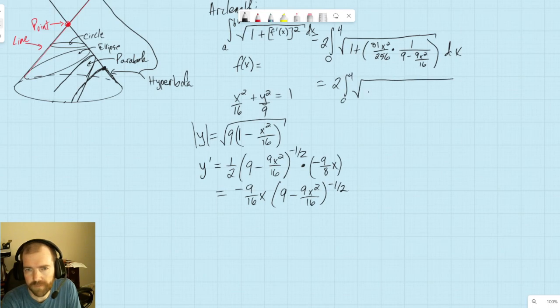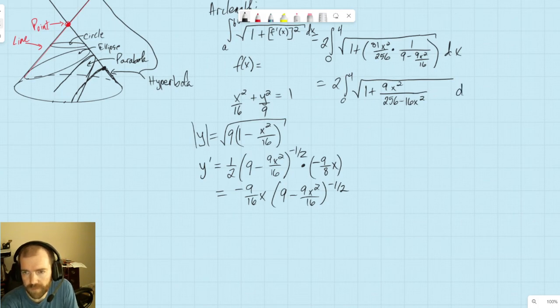Square root of 1 plus 9 from the bottom pulled out will make this a 9x squared divided by, we're going to have to multiply, well, just multiply 256. So this is going to be 256 minus 16x squared. dx on the outside.